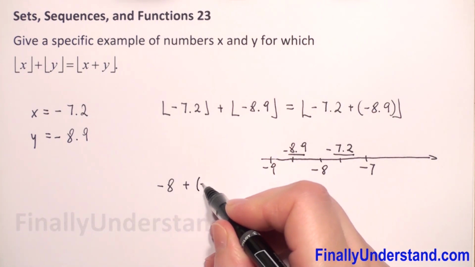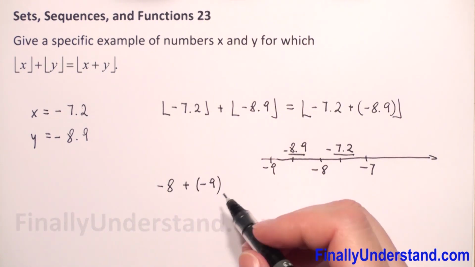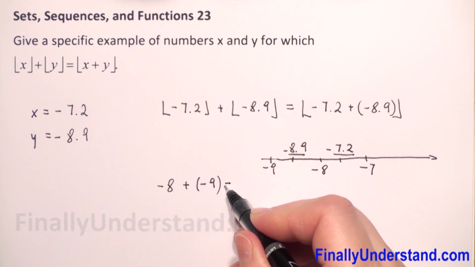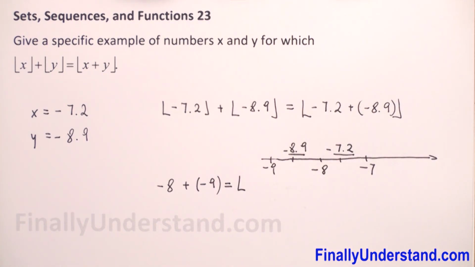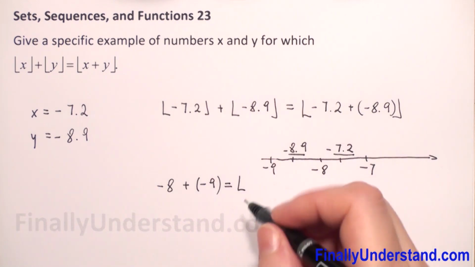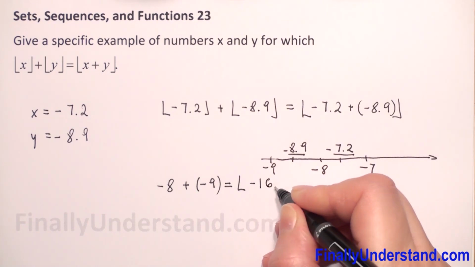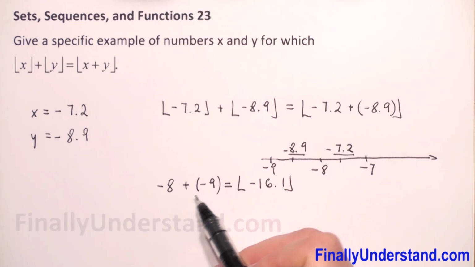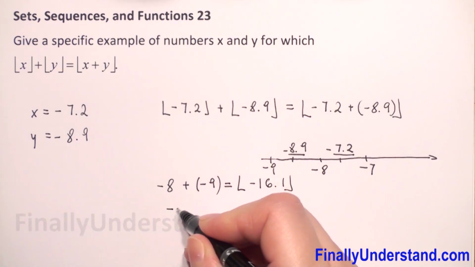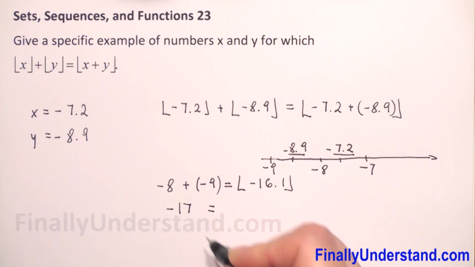So we have negative 9. And this should be equal to floor of negative 7.2 plus negative 8.9. This is equal to negative 16.1. So we have negative 8 plus negative 9, which is negative 17, should be equal.